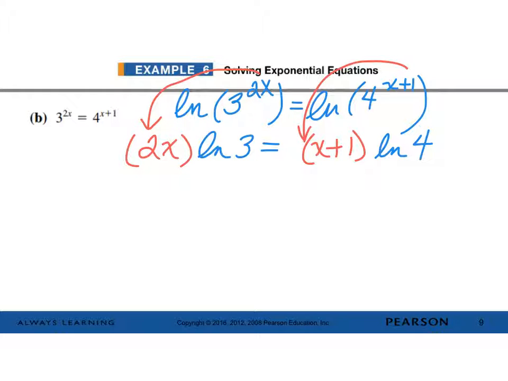And I want you to remember that the natural log of 3 and the natural log of 4 are just numbers. In fact, the natural log of 3 is approximately 1.0986, and the natural log of 4 is approximately 1.3863.